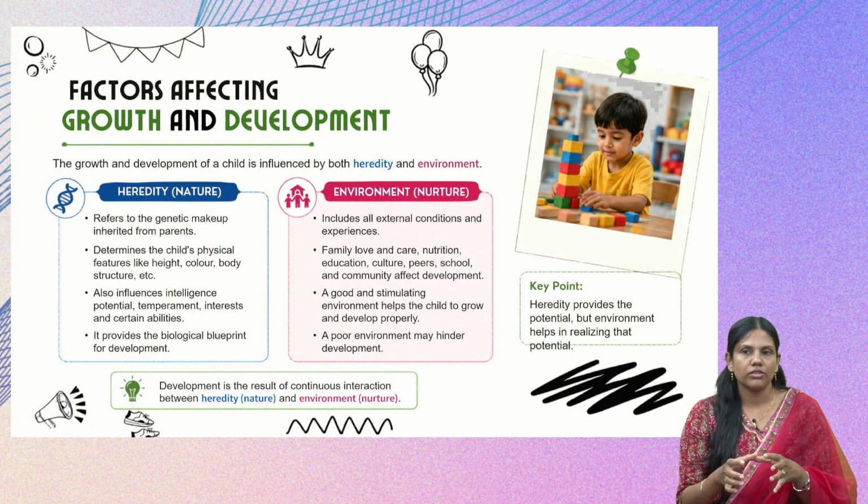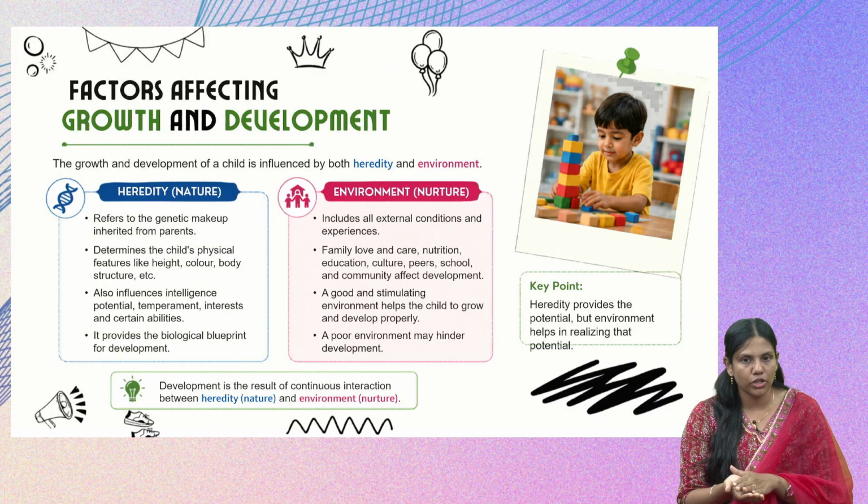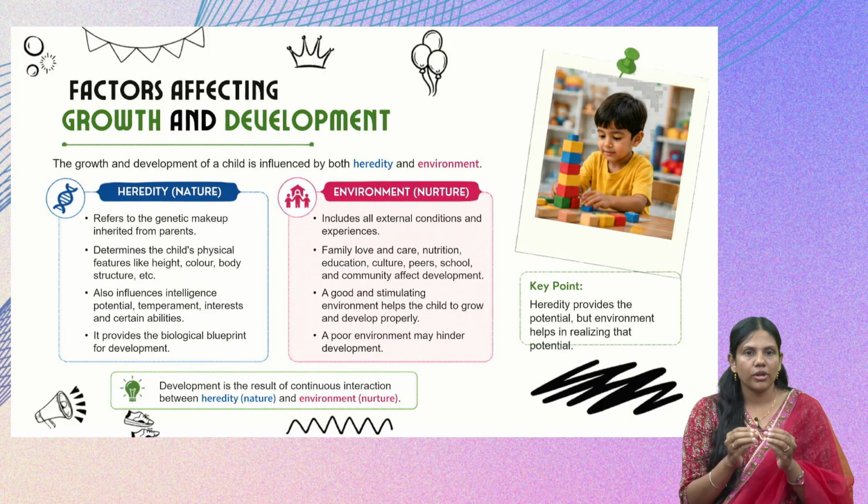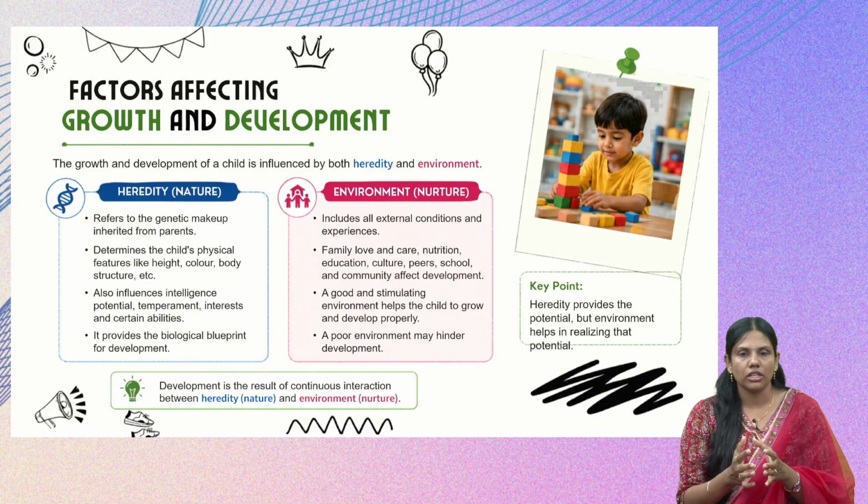Next, the factors affecting growth and development. There are two factors: heredity and environment. We are going to discuss heredity and environment in detail in our coming videos also, but here let us have a general understanding. Heredity is nature. You might have seen nature versus nurture.